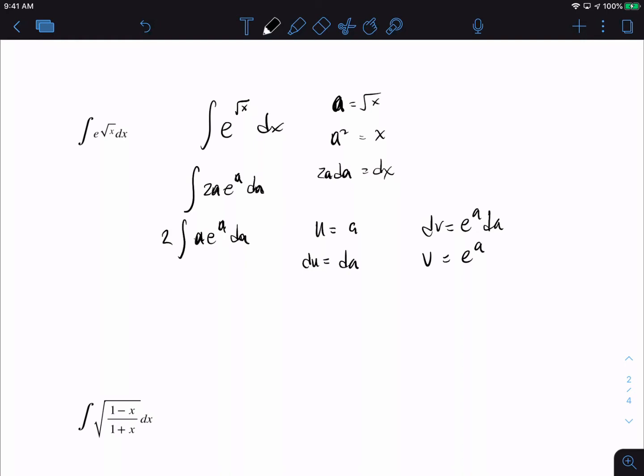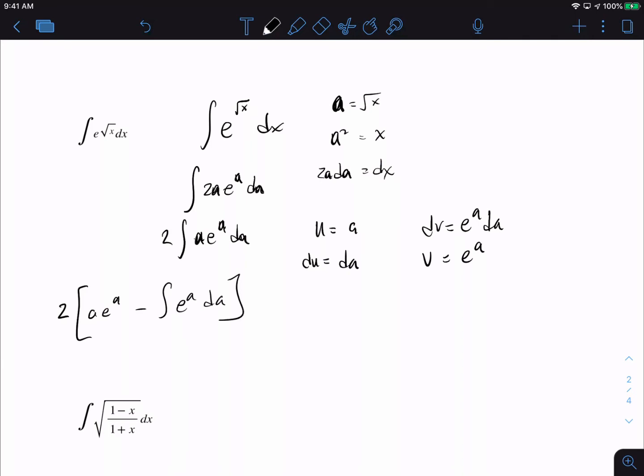And so the integral for this tells us it's uv minus the integral of v du. So we can't forget the 2. I'm going to go 2 times uv, so that's a e to the a, minus the integral of v du, which is e to the a da.